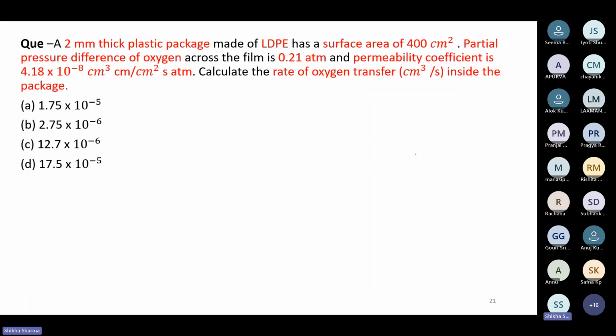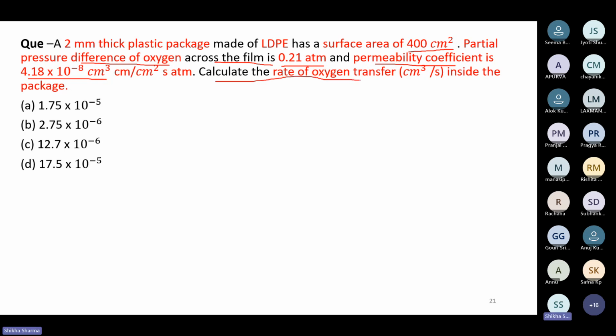Yes, ma'am. So it is also a numerical question. A 2 mm thick plastic packaging made of LDPE has a surface area of 400 centimeter square. The partial pressure difference of oxygen across the film is 0.21 atm and the permeability coefficient is 4.18 into 10 to the power minus 8.